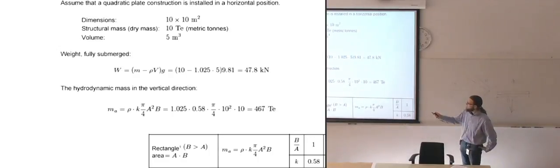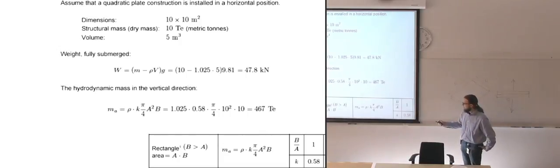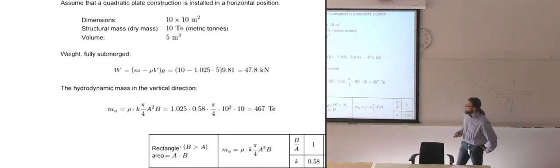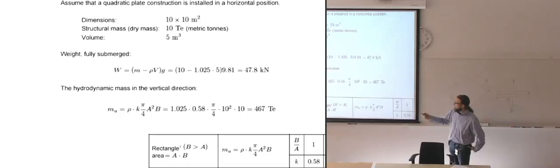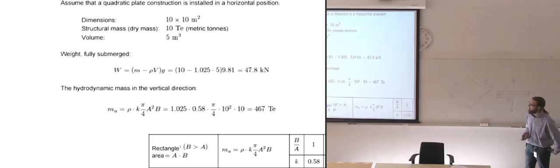And then we just insert what we have. We know the density of the water. It's 1.025. K is 0.58. Of course, we know what pi is. And our A measure and our B measure are going to be the exact same. So we get 10 to the square of 10 there and multiplied with 10 again, as we get it here. Put in all of the values, and we get 467 tons.